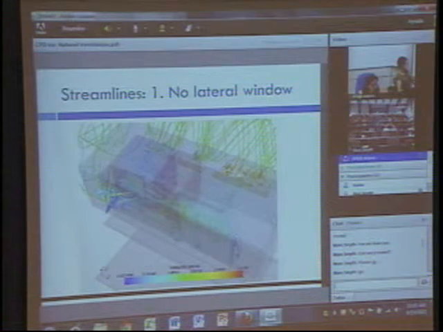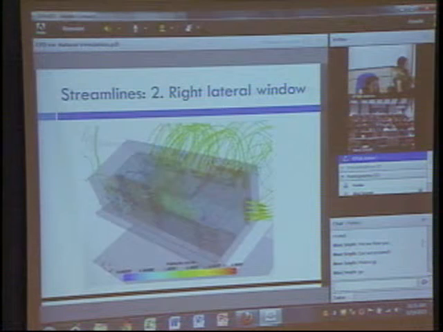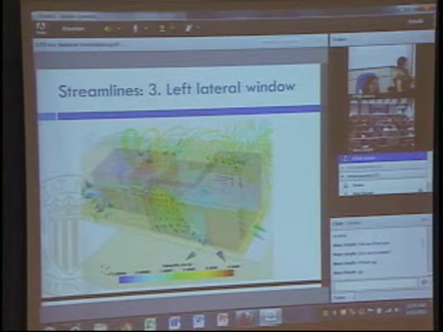Streamlines, which are the trajectories of the particles coming inside or going outside the rooms. When we have no lateral window, when we have a right lateral window, and we have left lateral window with different conditions of wind.